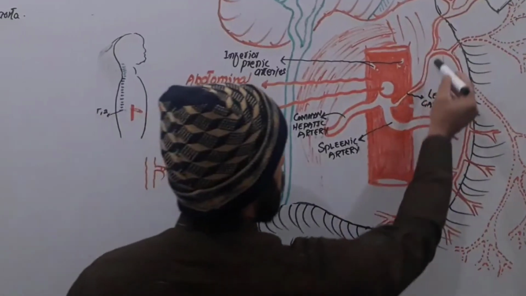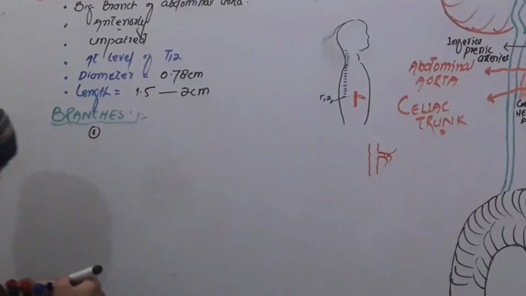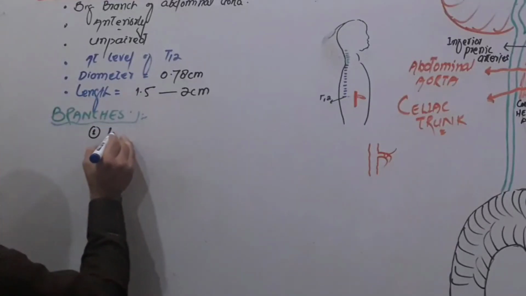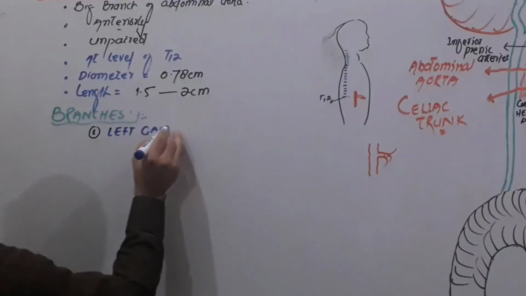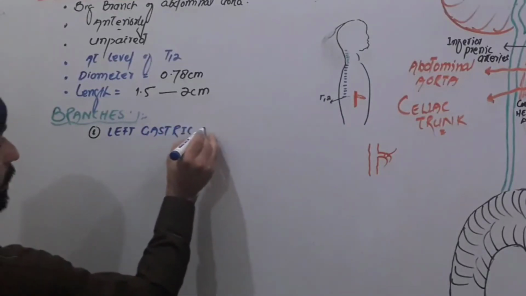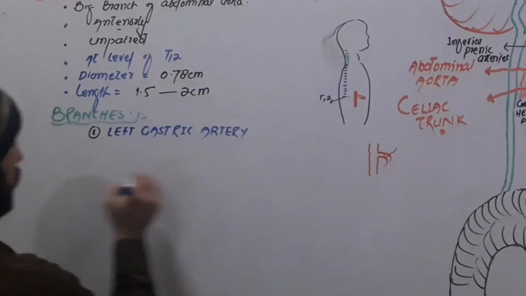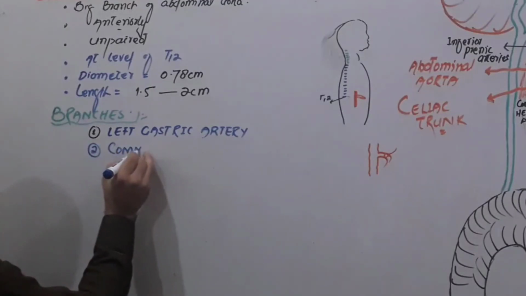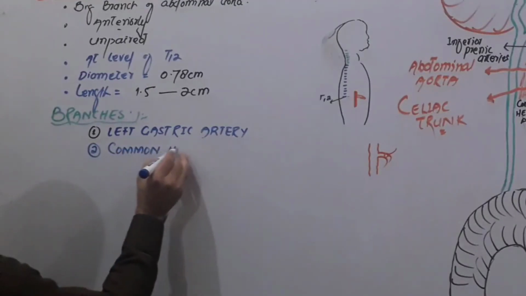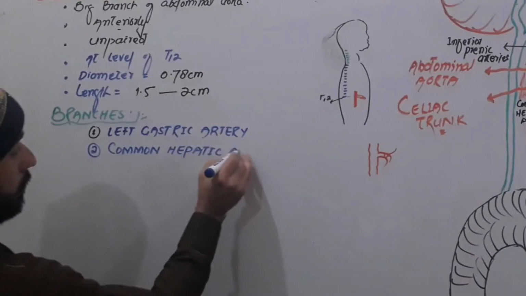So what are the branches? The first branch which arises from this trunk is called the left gastric artery. The second branch is called the common hepatic artery.